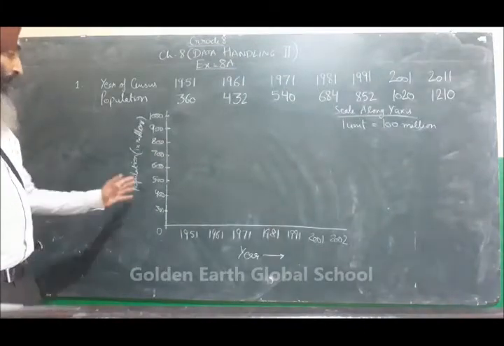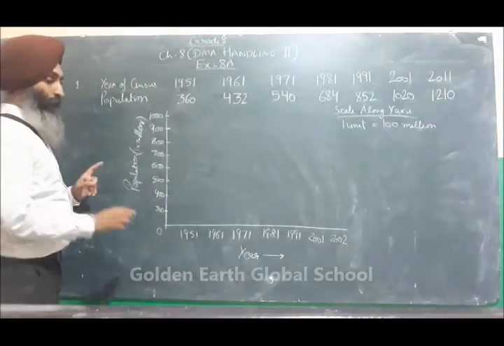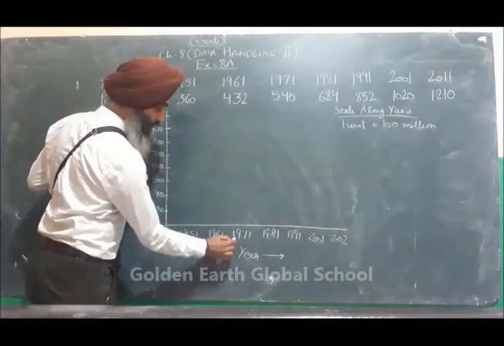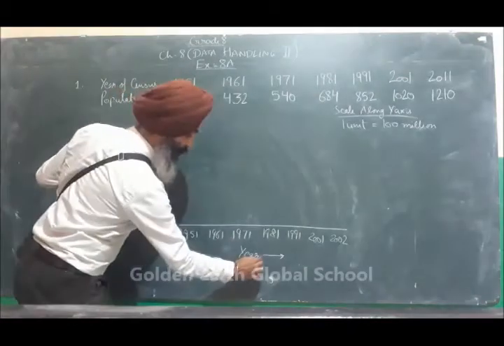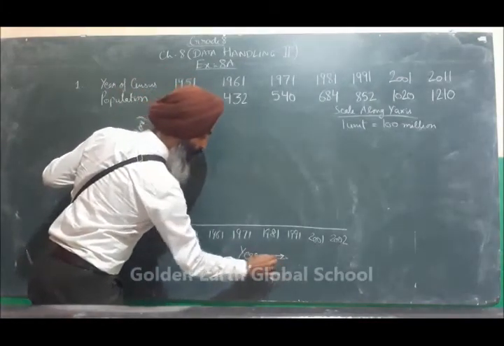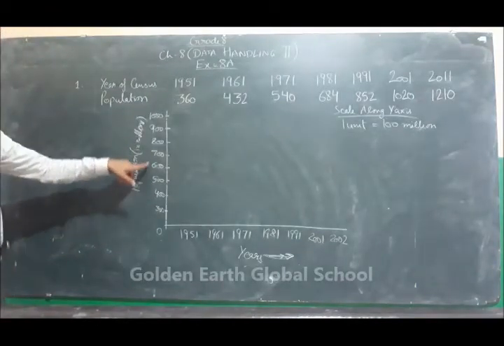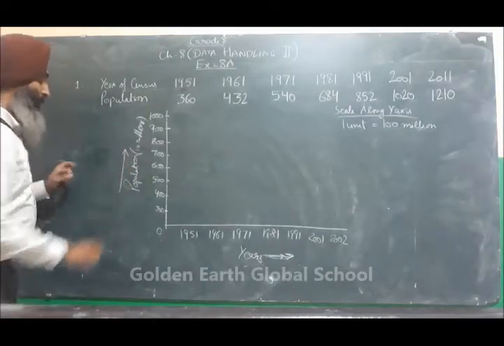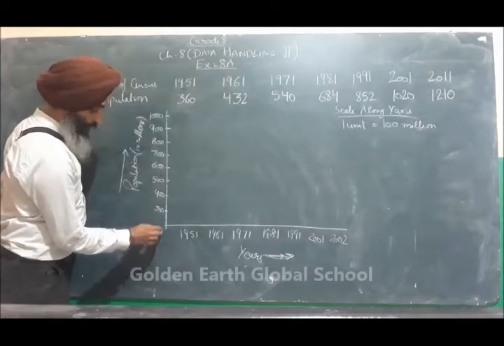Okay, understood? Now you have to mention three things in the graph. First of all, these are the years, so you have to mention that these are the years, going along this side, and this is the population, going along this side. Now it starts from 0.